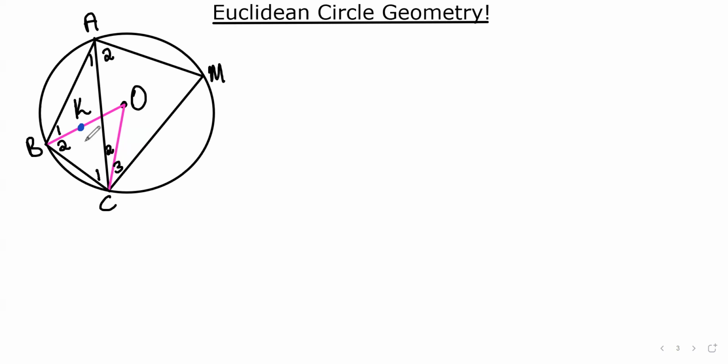And then they say angle A1 is 30 degrees. And BO bisects ABC, which means that angle B1 is equal to angle B2. That's the meaning of the word bisect.